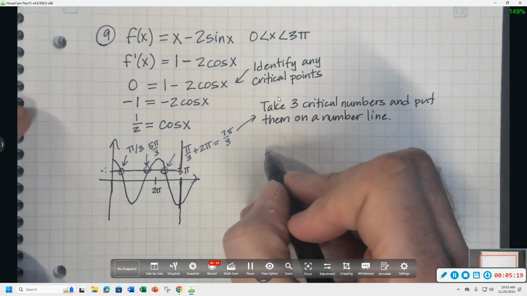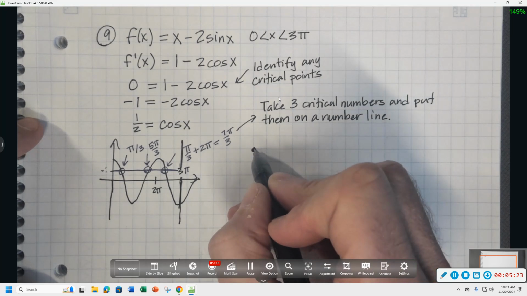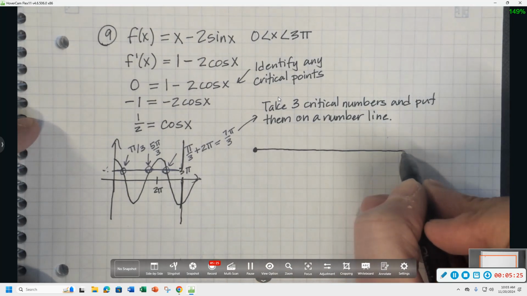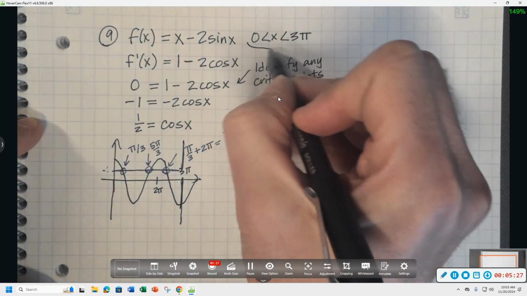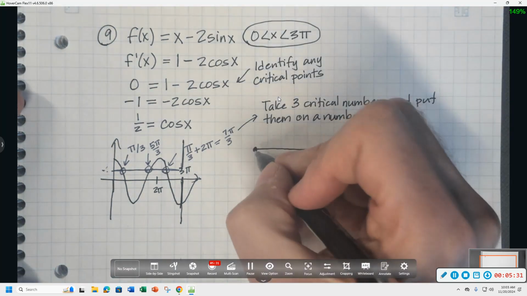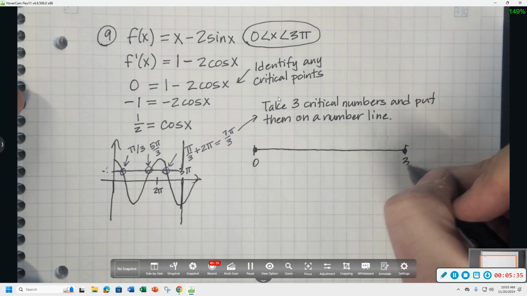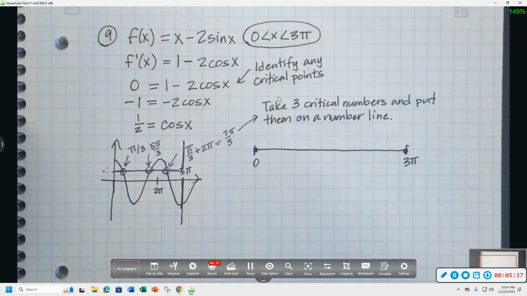So if I'm looking at my number line, it's a little bit different than it was yesterday because I have this interval, right? So I'm going from 0 to 3 pi. And I'm going to mark off these locations.